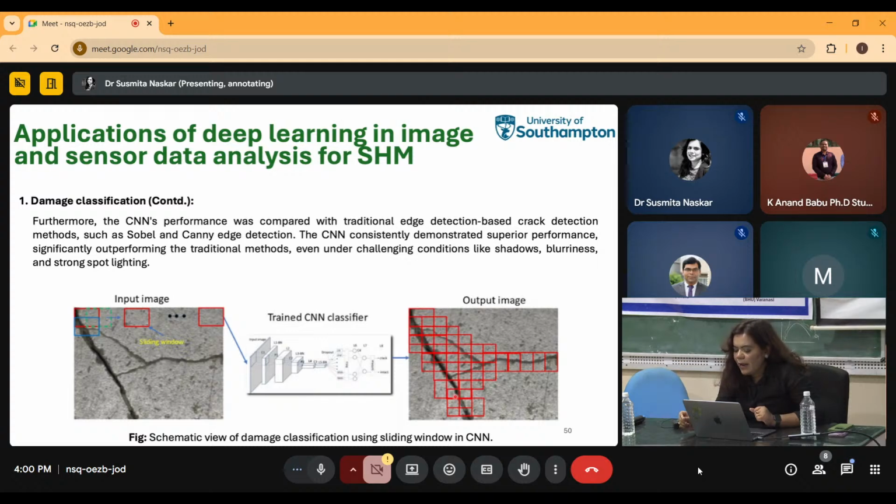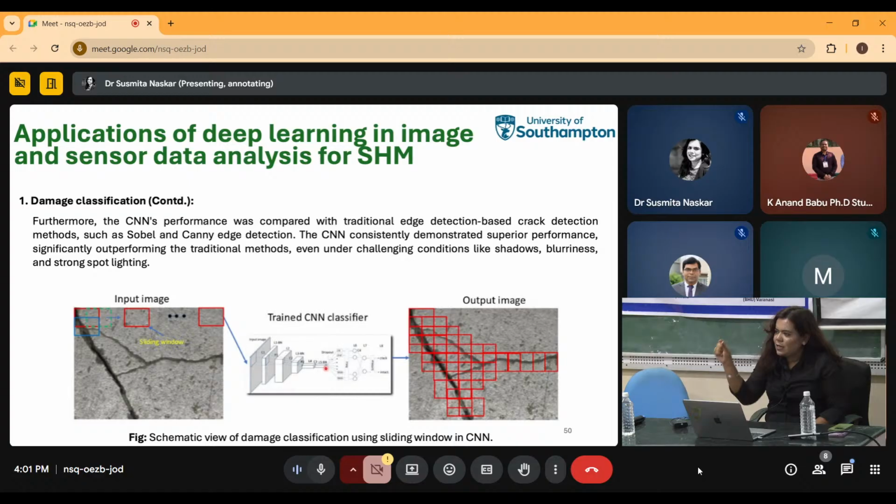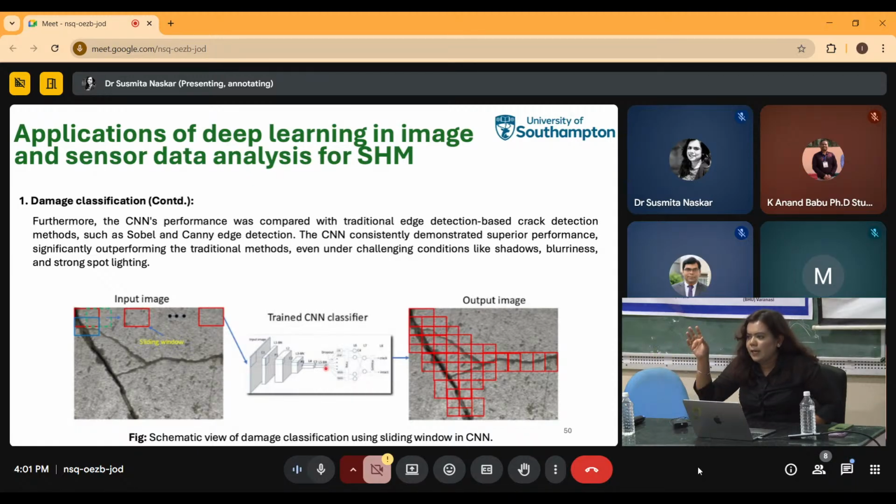These patches are then passed through a trained CNN model which has learned to differentiate between crack and intact. That means you have a structure, you divide it patch-wise, and you should be very careful that no part is missed, and then you put it into the CNN model. The CNN model has already been trained on what a crack image looks like, and if there are any other issues, how they should look, and then it passes through that CNN phase, right?